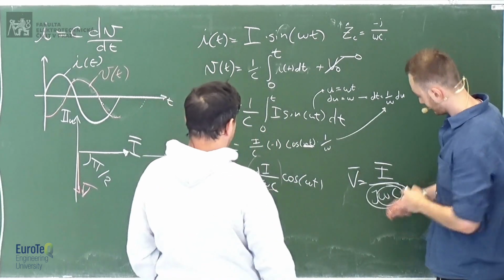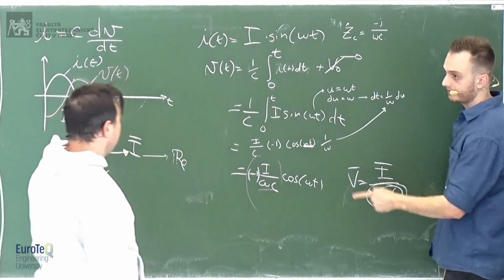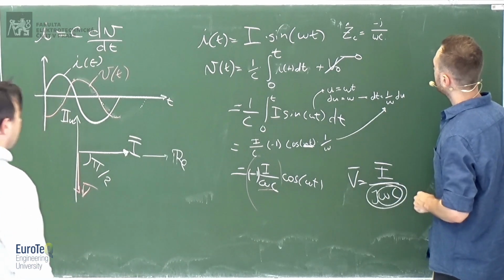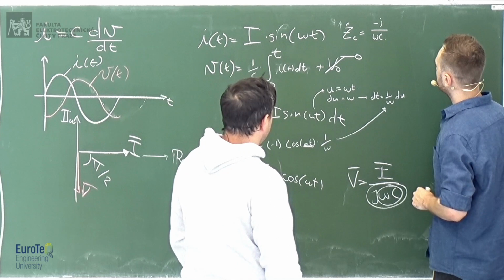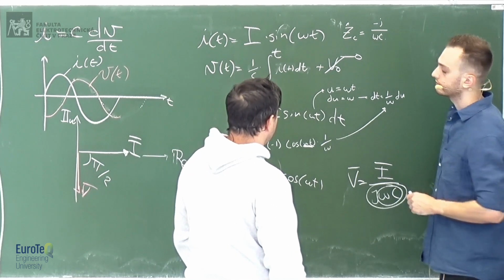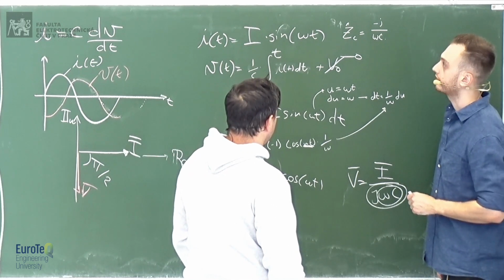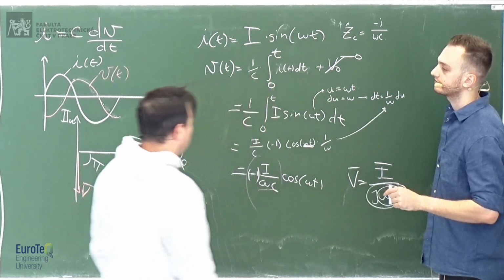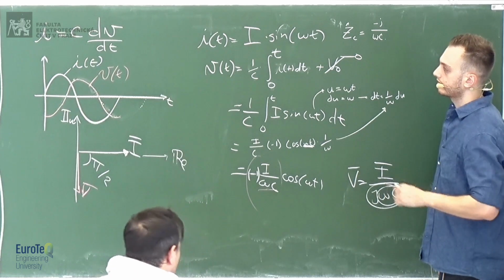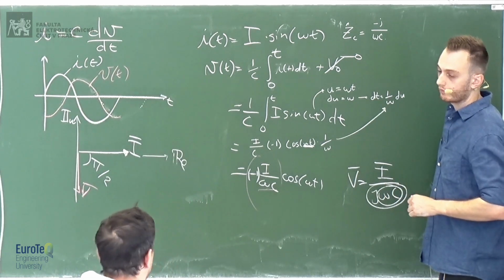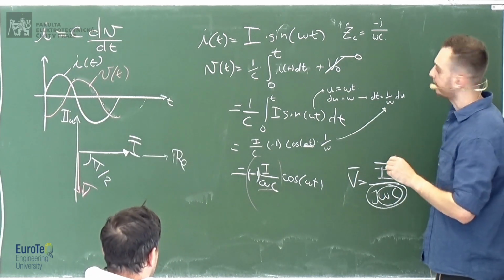Yes, that's how we brought the j up and it became a minus sign. So now, how do we express this in polar form, where you have your magnitude and your angle?